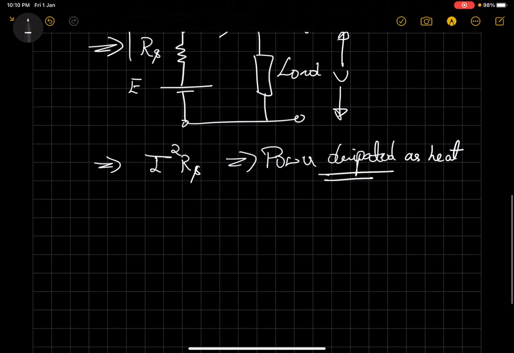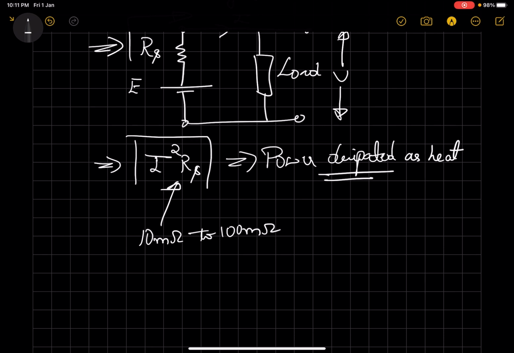The one main thing that you need to observe here is that the Rs here is quite small. It will usually be in the range of 10 milliohms to 100 milliohms. But as you can see, in this term, the only constant is Rs. For a given battery, once it's manufactured, the Rs will be almost a constant.